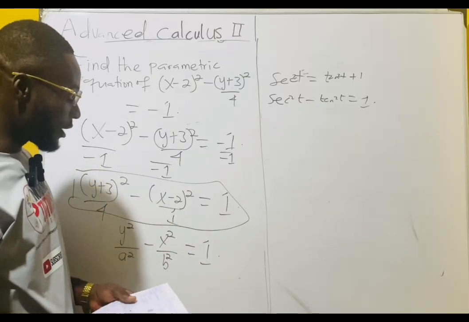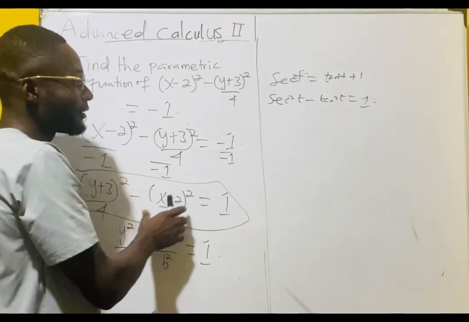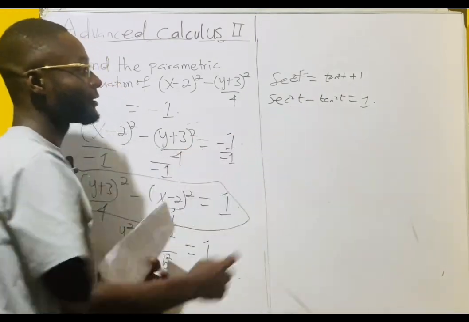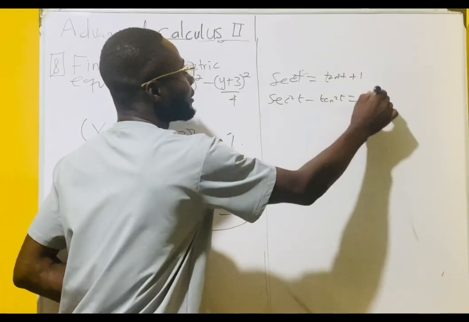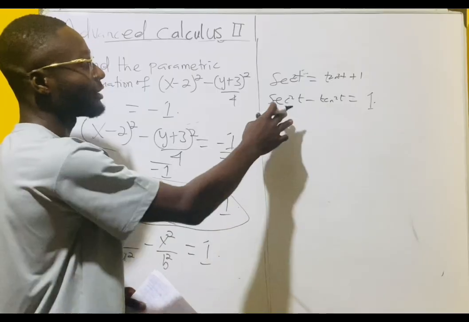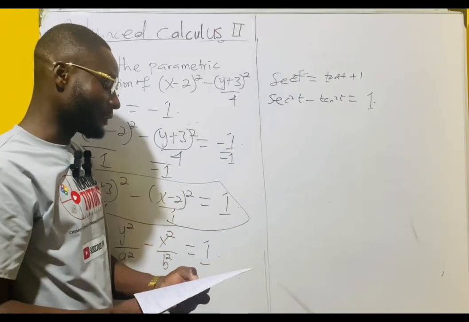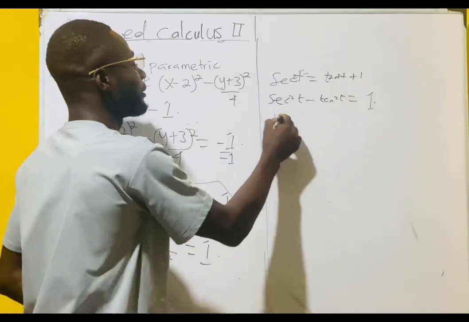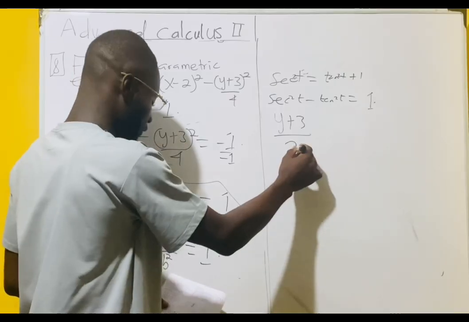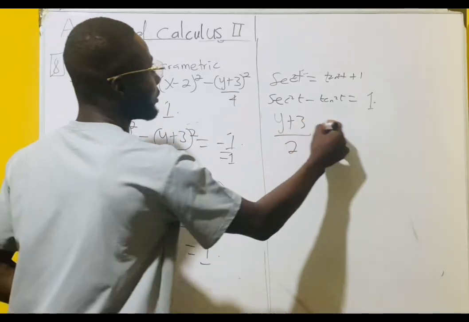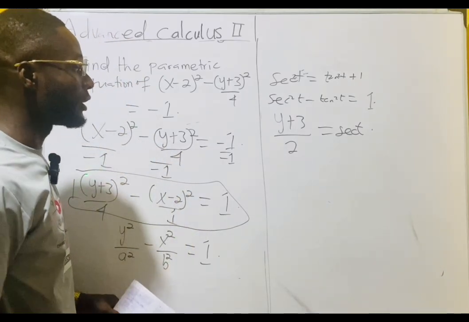All right. Now that we know its trigonometric identity is this, we have to parameterize it. So let me write it well so that we can parameterize this using the identity. We see that y plus 3 over 2 should be equal to sec t.